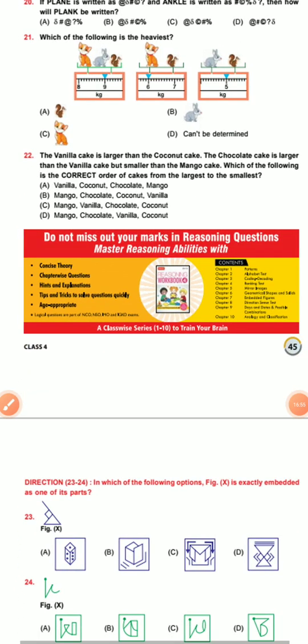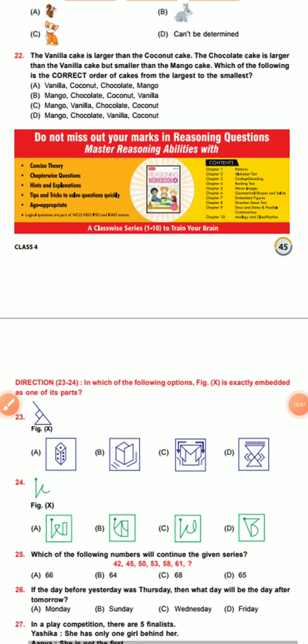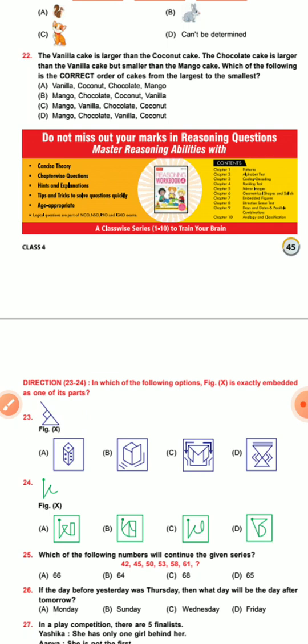Next I discuss question number 22. The vanilla cake is larger than the coconut cake. The chocolate cake is larger than the vanilla cake, but smaller than the mango cake. Which of the following is the correct order of cakes from the largest to the smallest?